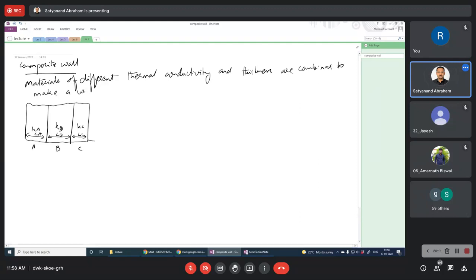Such a wall is known as a composite wall.